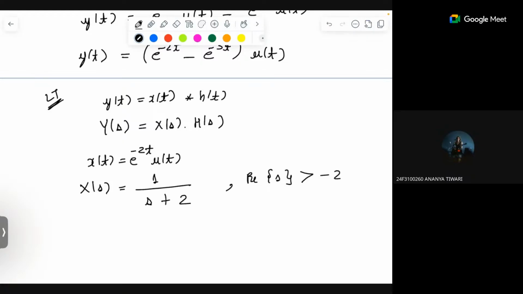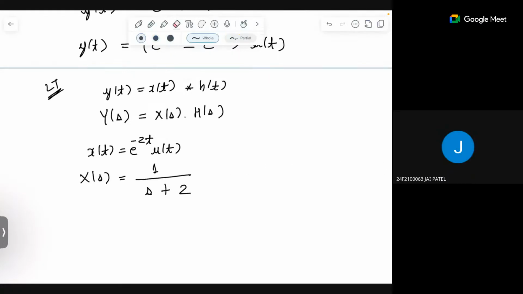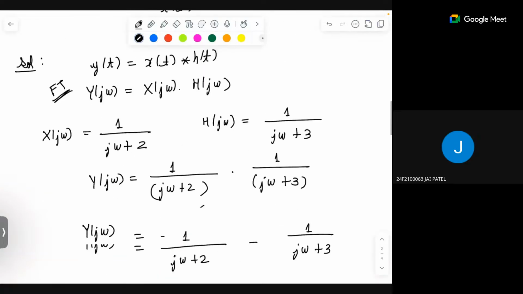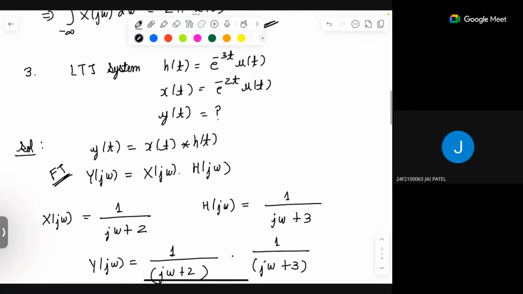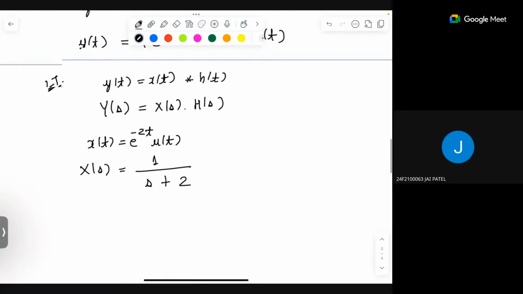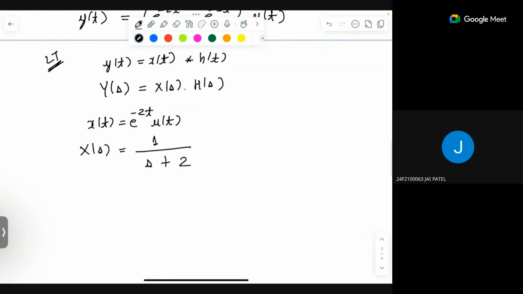Yes. Is this fine? Yes, ma'am. But now let us not really look at ROC because we know that these are u(t), so right-sided signals, causal signals. So I have X(s).